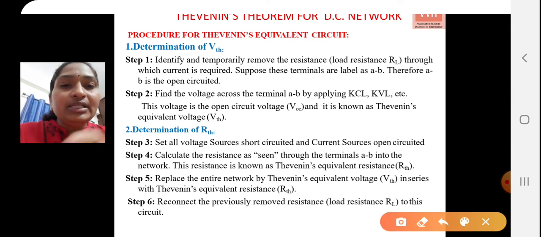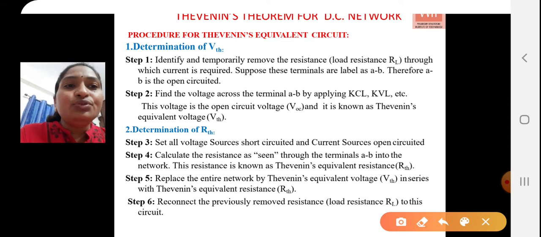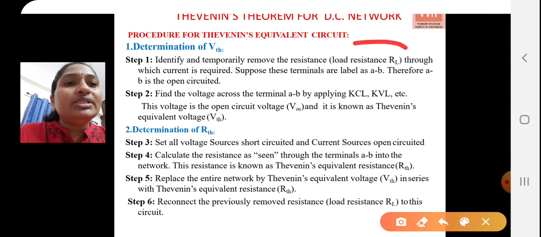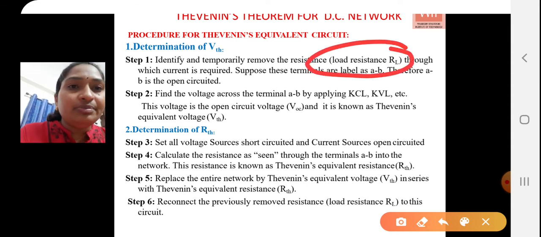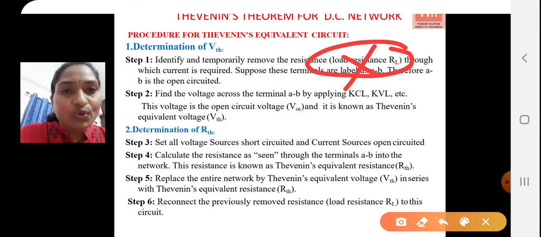While calculating the Thevenin's voltage, what are the steps we need to follow? The first step is remove the load resistance branch. As seen in the previous slide, we have load resistance connected across the terminals A and B. We need to remove that load resistance branch so that A and B terminals will be open circuited.